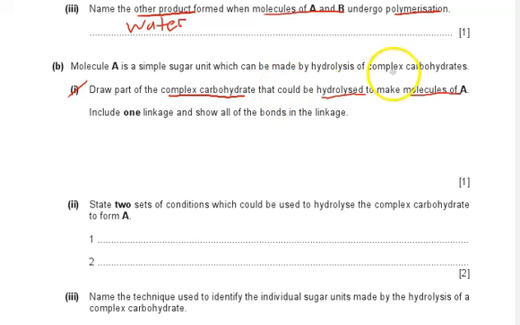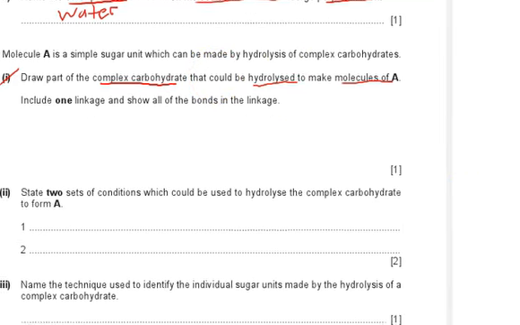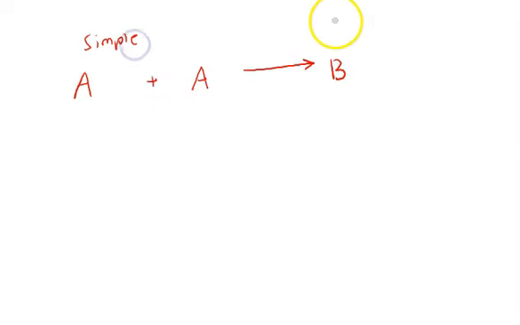Okay, let me explain to you in further detail about this. Let's say we have a simple molecule, A plus A, and you'll be getting a B. So this is a simple sugar and this is a complex.